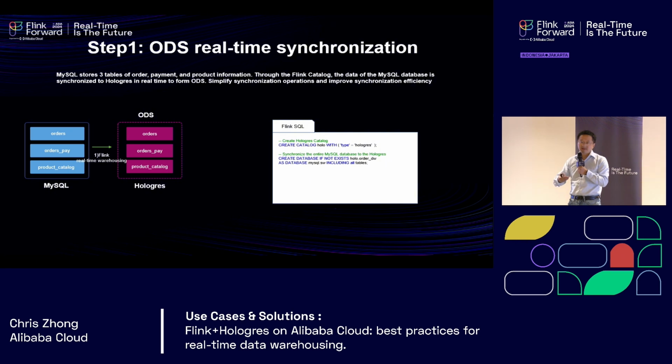And this SQL syntax can achieve one-time full data synchronization and real-time incremental data synchronization. That keeps the ODS data the same as the original data in real time. Yeah, keep the same.